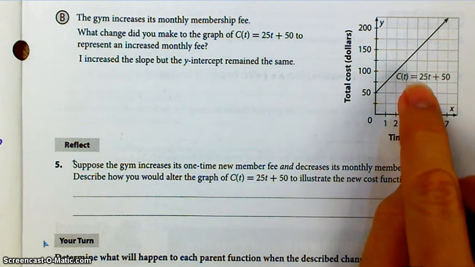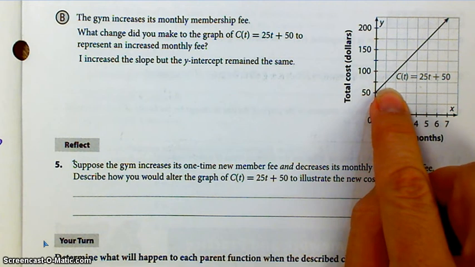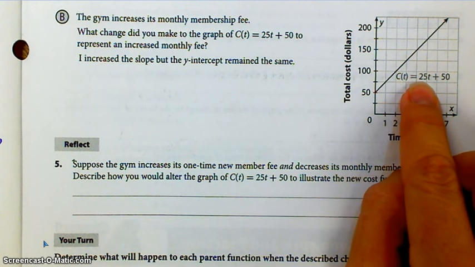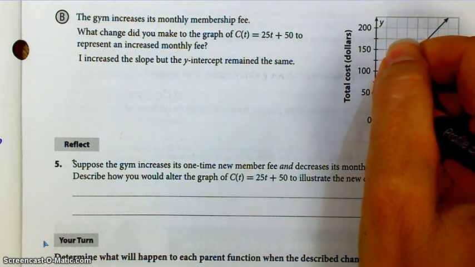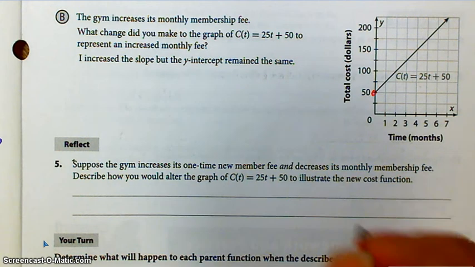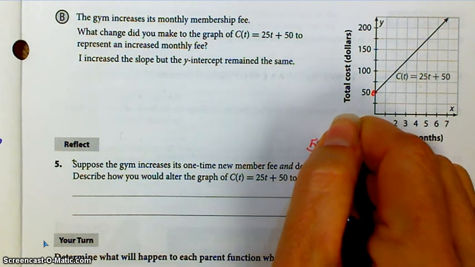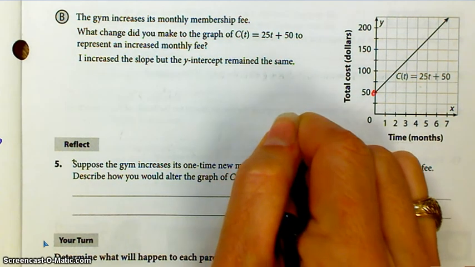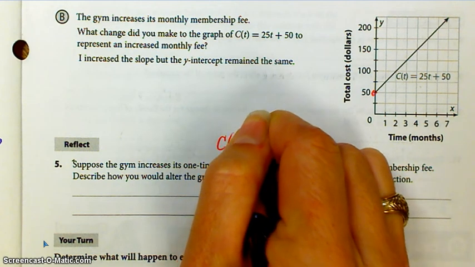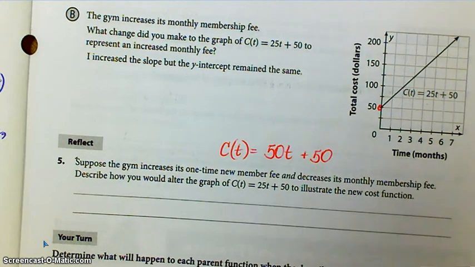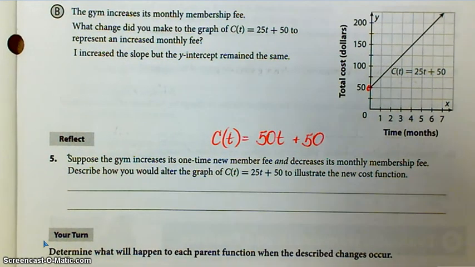But if we increase our monthly membership fee, so let's say we increase it to $50 a month, then the one-time fee we're not going to change. That's still going to be $50. But then it's $50 a month, which I'm not sure I'd pay for a membership, but let's just say that's what we're going to do.